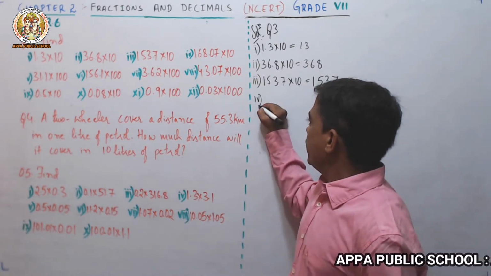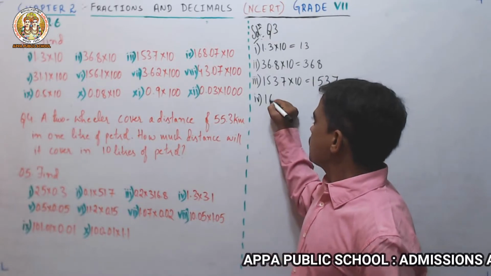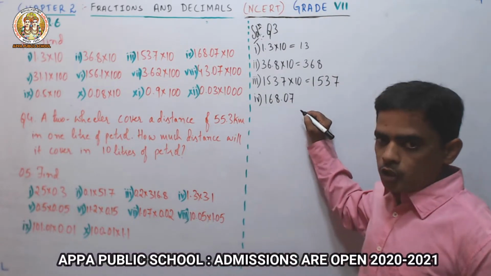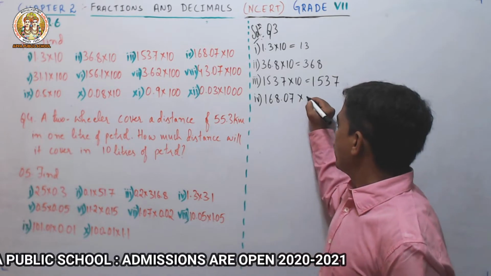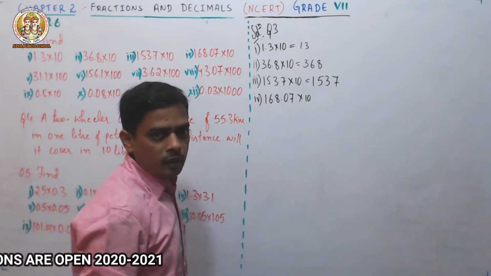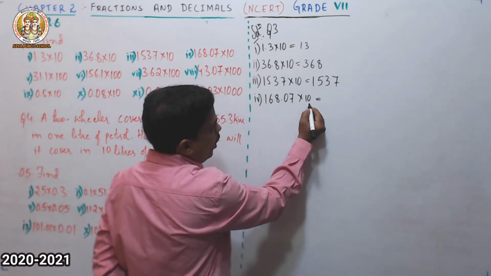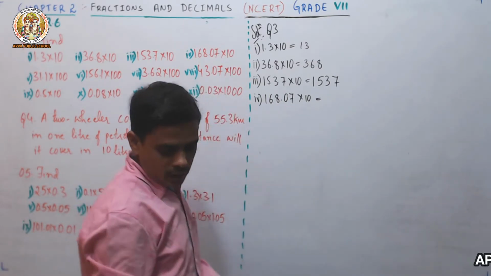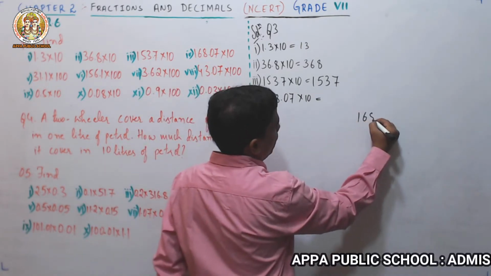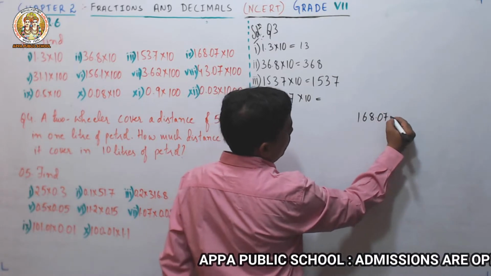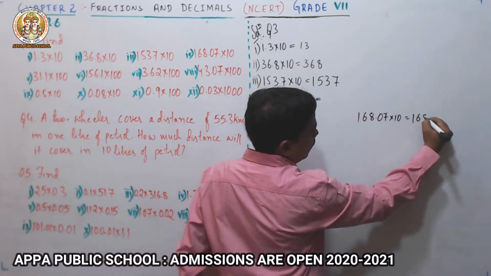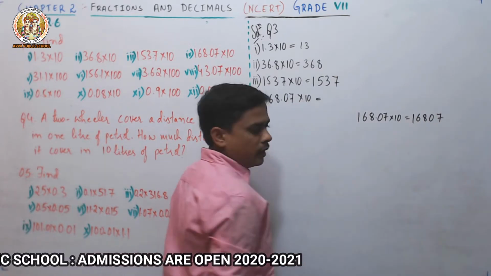Next one, the fourth one. The question is 168.07 multiplied with 10. How many zeros are there? One 0 is there. So I will solve this one and show you. 168.07 multiplied with 10 will be equal to 16807, which I write as it is.